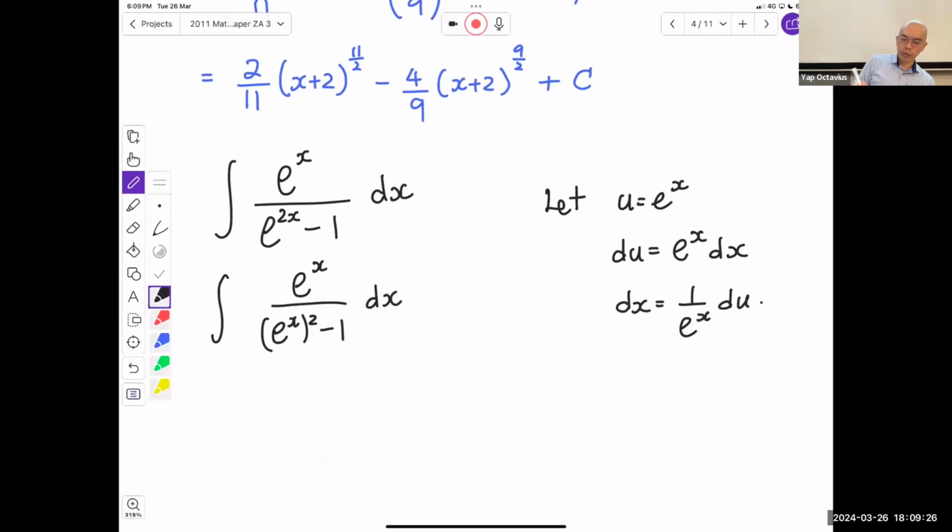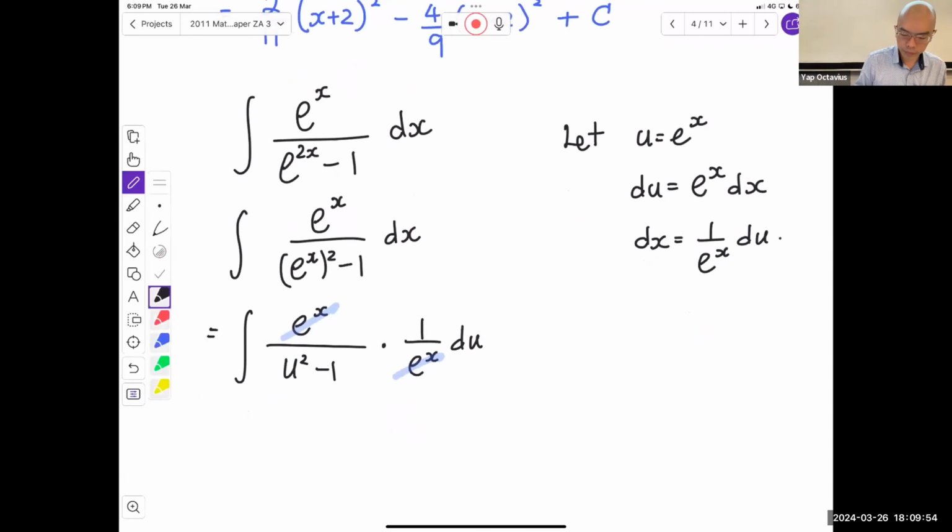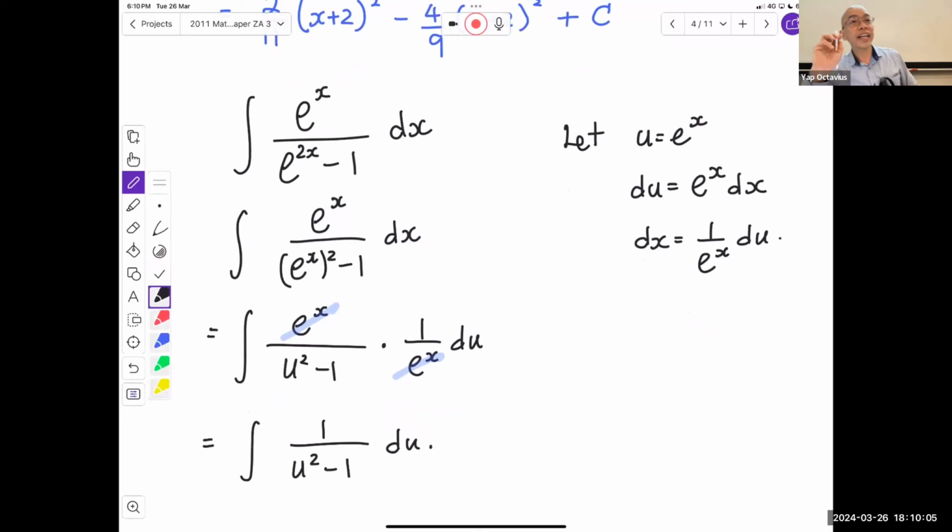Okay, let's put everything in. This one keep there, no need to remove. This one change. Multiply by this. And then you can remove. And you will get something nice.